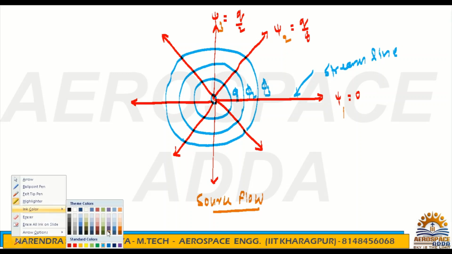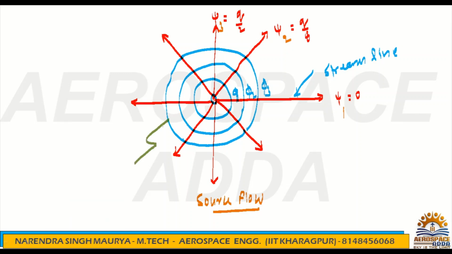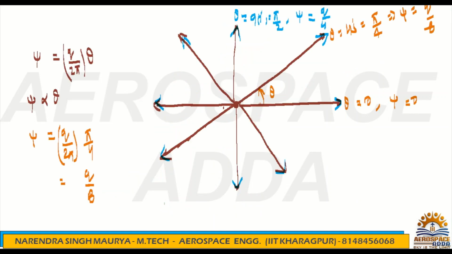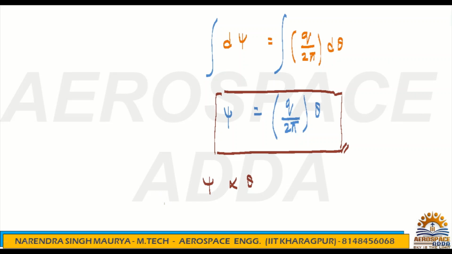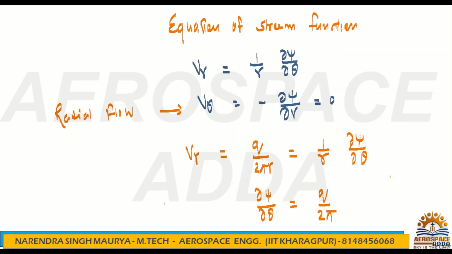So for the source flow or sink flow, the equipotential line will be a circle. So the mathematical model for the source flow and the graphical representation for the source and sink, both are clearly explained, done.